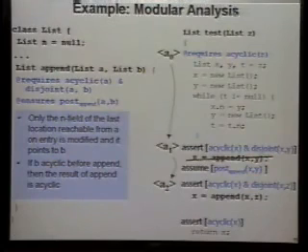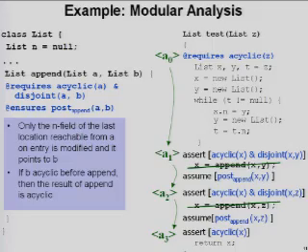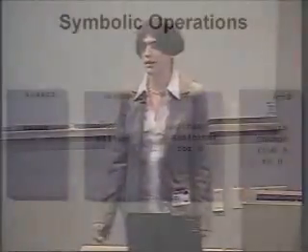So I would like to implement this operation, assume, in the best way possible, extracting as much information from the post condition of append as I need. Okay? And then continue the same way for the second call to append and check this assertion, and the same things apply.